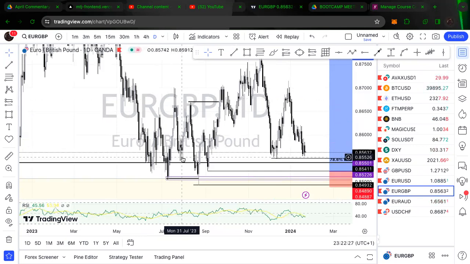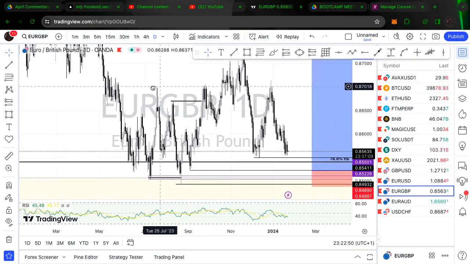Then a pullback that did not cause a break. If this pullback caused a break, price would have just come, tapped into here, and then moved. But because this pullback did not cause a break, you can see it. Sweep, that's A, and a break, that's B. Pullback, that's C, and a push up that did not break this high that would have formed a D. Our D did not form.